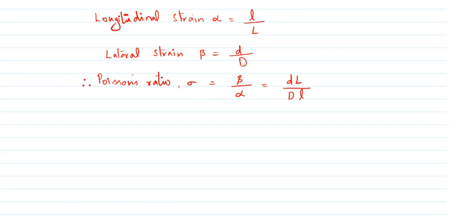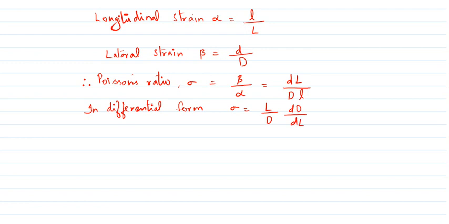In differential form we can write it as sigma equal to L by D, where the original length and original diameter are kept constant, times dD by dL. This is the differential format.